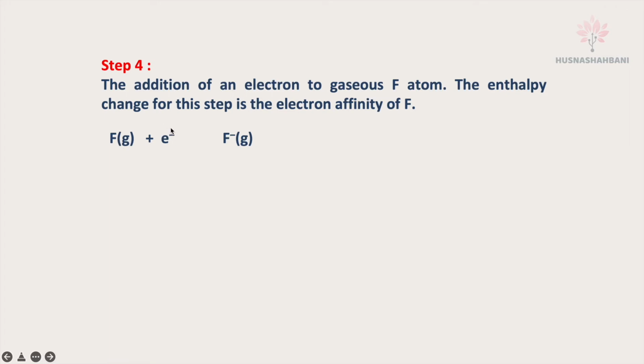Fluorine atom gains 1 mole of electron to get F minus in gas. And the delta H for electron affinity equals negative 328 kilojoule per mole. This is exothermic reaction. The value is given, it's negative, so this first electron affinity is exothermic.